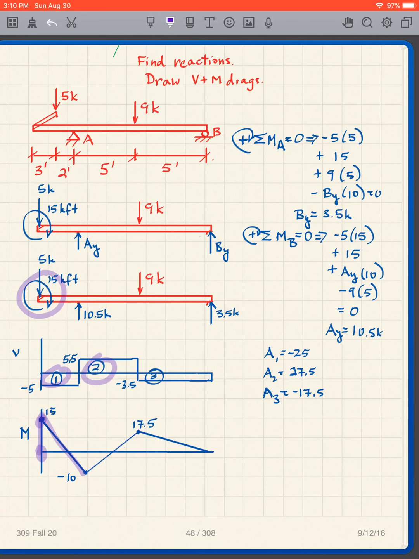Now, what you don't want to do, and this is what you have to remember, you've got that concentrated moment right there, and you have to catch it right at the very beginning and jump upward. What students will do is that they'll not do that jump, and they'll go down here like this, up like this, down like this, and they get done, oh, I'm not at 0 anymore, and they just draw a line upward.